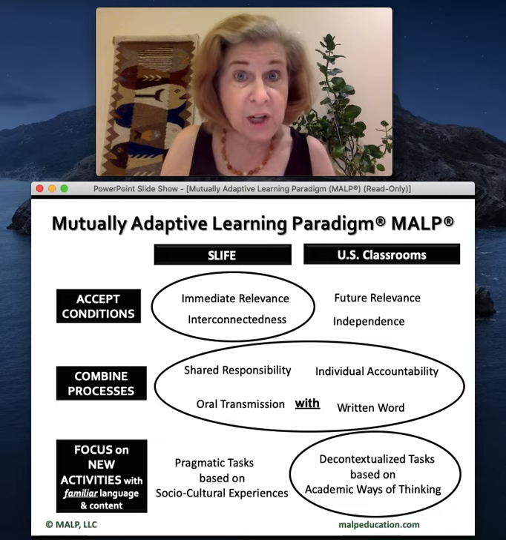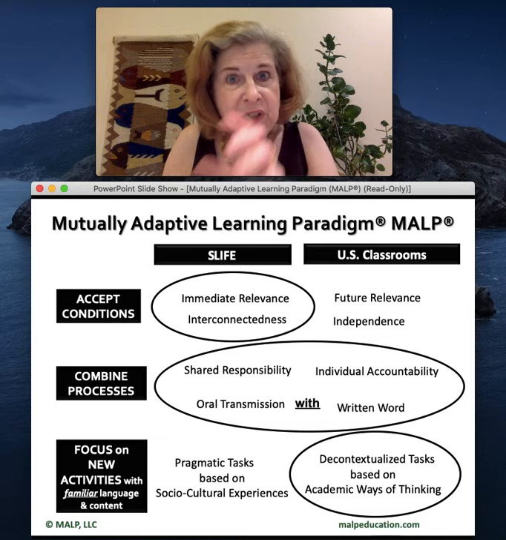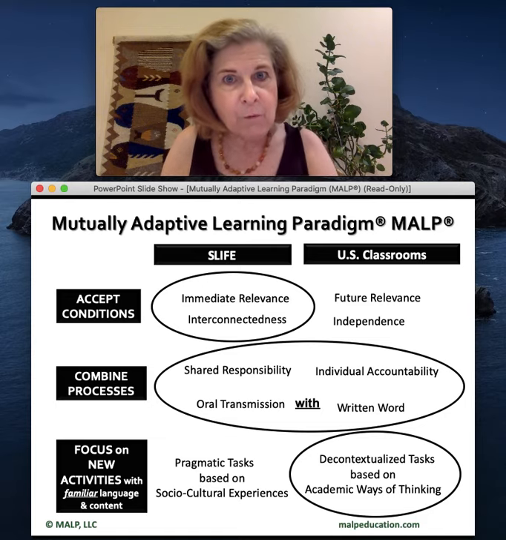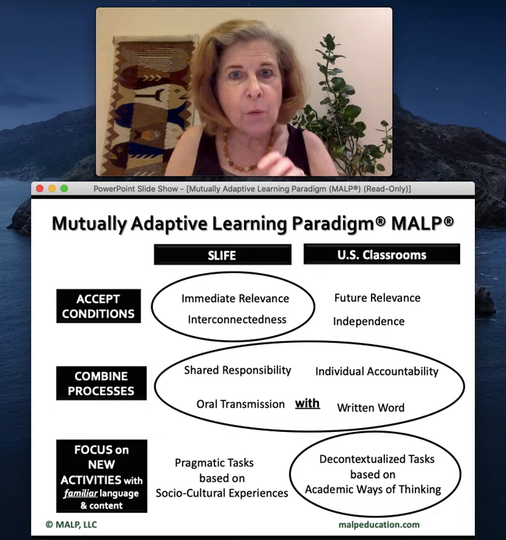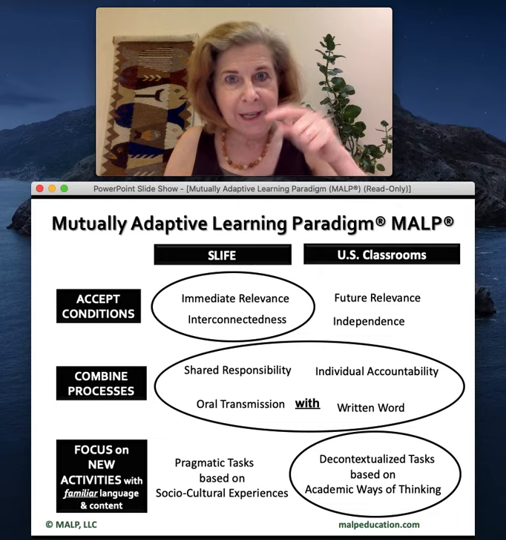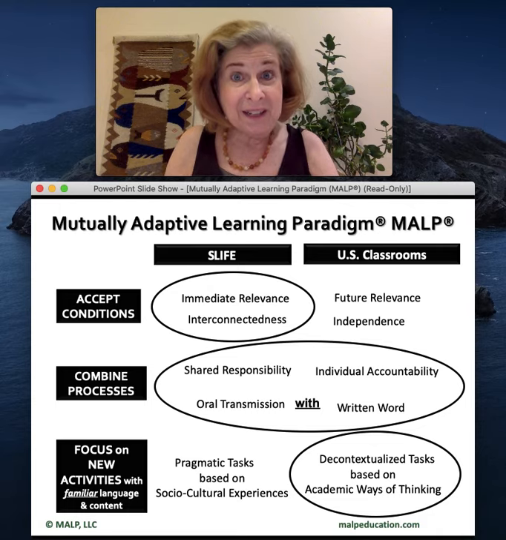And all MALP projects do that. The class surveys clearly did that. So we're focusing on that. That's a big part of what we're teaching them. So instead of always teaching new language and content, we're going to have that third leg of the stool, like a three, right? It's a formal schemata that they need more than anything. And so we're going to be working with them on that.